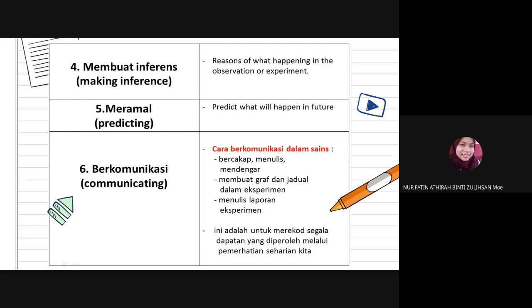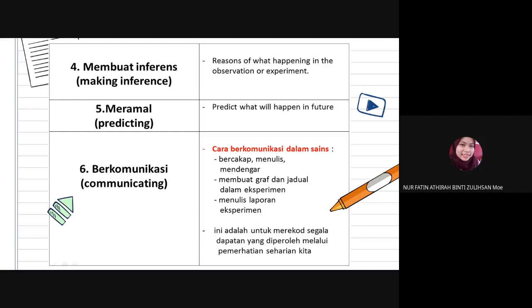Communicating basically means speaking. When you speak to one another, you communicate. But in science, communicating has several meanings. Here it includes speaking, writing, listening, and also, in an experiment, drawing graphs and tables.